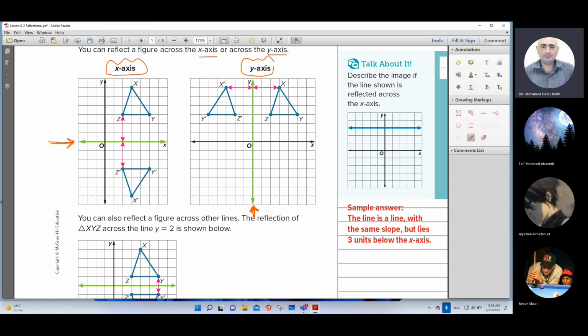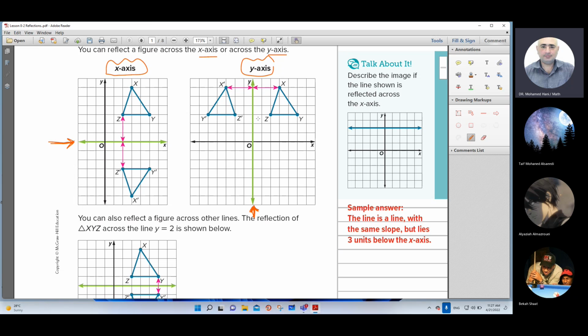As you see, the distance from X to the y-axis equals the distance from Y prime to the y-axis. Here we have 1, 2, 3 units, and here 1, 2, 3 units. From Z to the y-axis we have 2 units, and from Z prime to the y-axis we have 2 units.